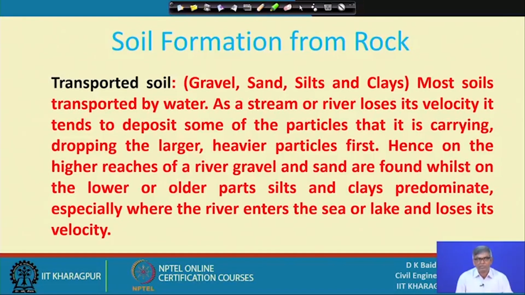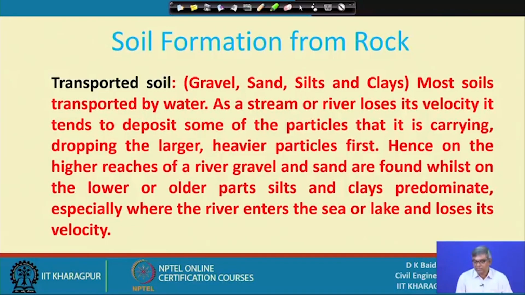As a stream or river loses its velocity, it tends to deposit some of the particles that it is carrying, and obviously, when it tries to deposit, bigger and heavier particles will be dropped first.